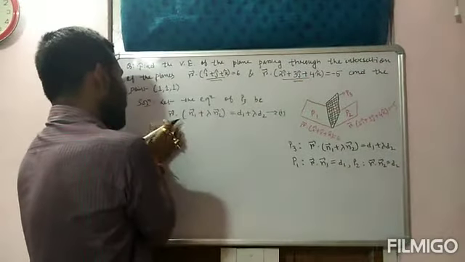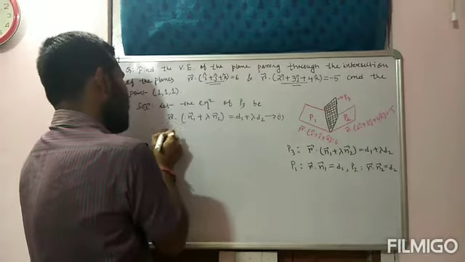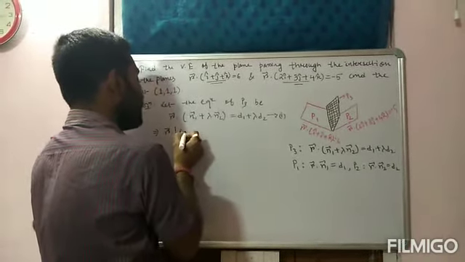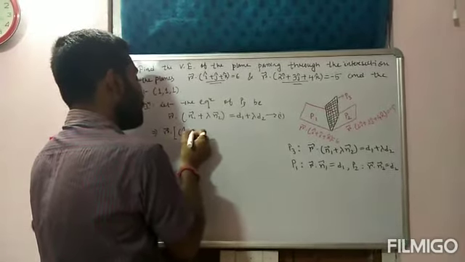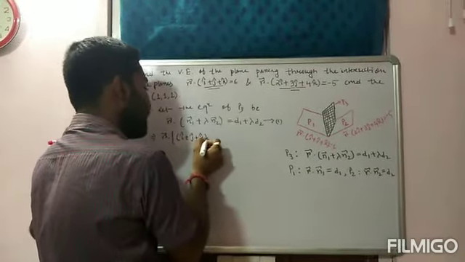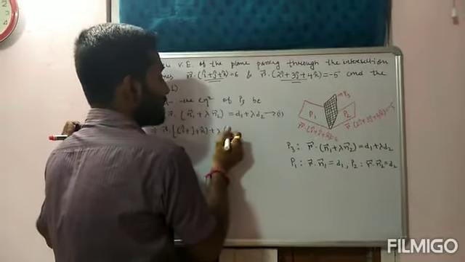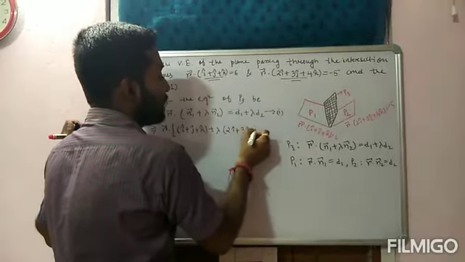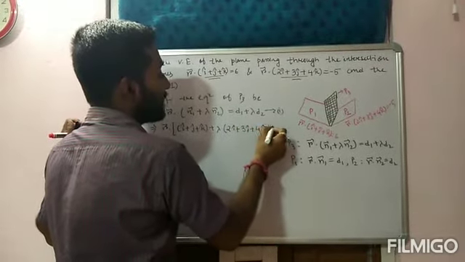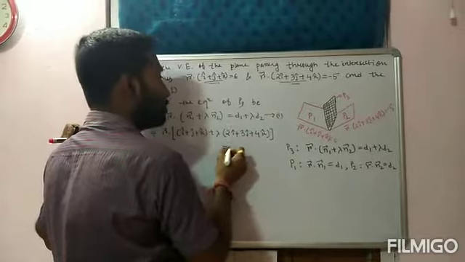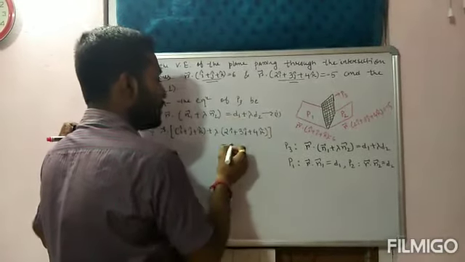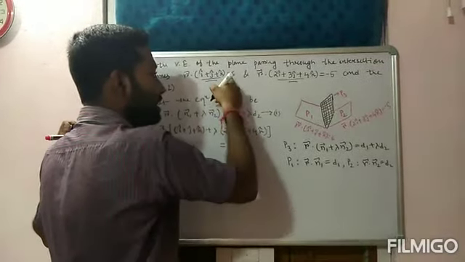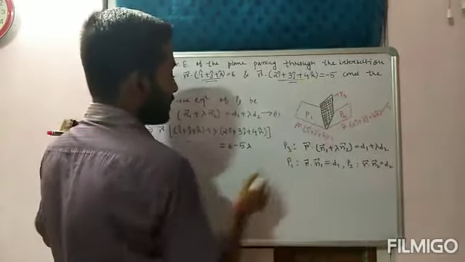So therefore we can write, which implies r dot, put the value of N1, that is i cap plus j cap plus k cap, plus lambda into 2i cap plus 3j cap plus 4k cap, is equal to D1 plus lambda into D2. That means 6 minus 5 lambda. D1 is here 6, whereas D2 is minus 5.